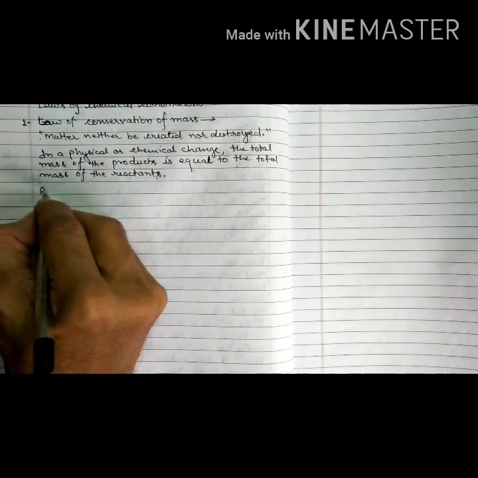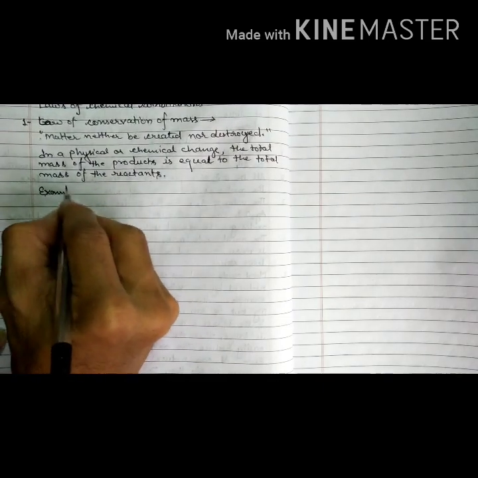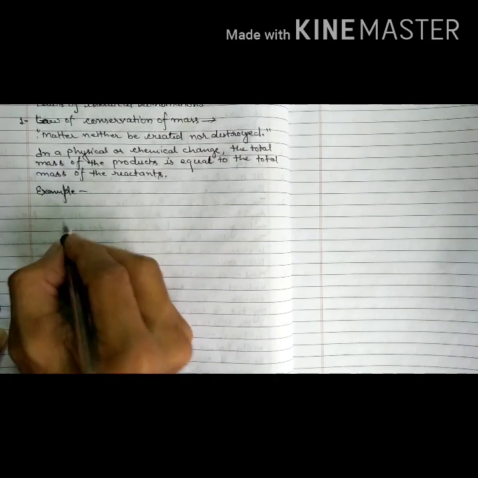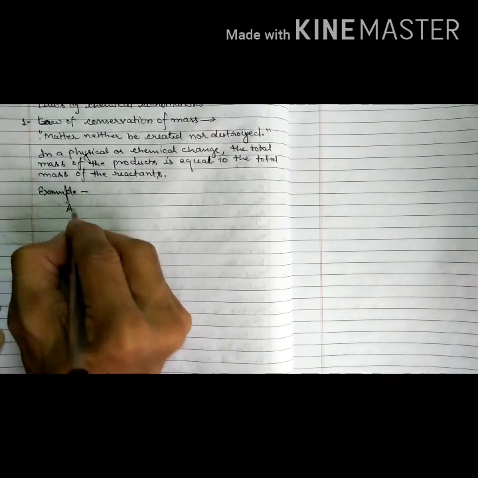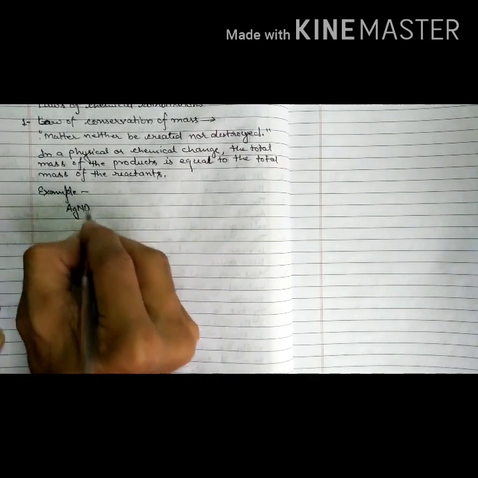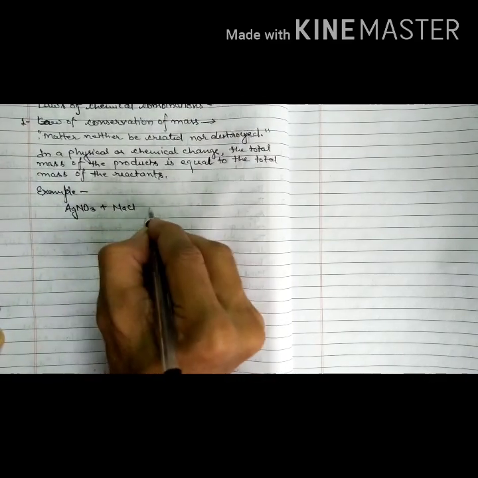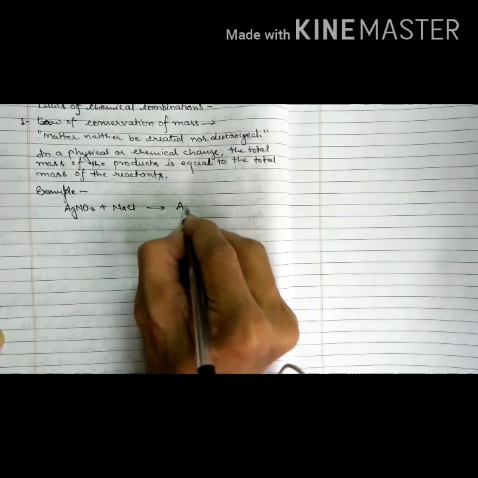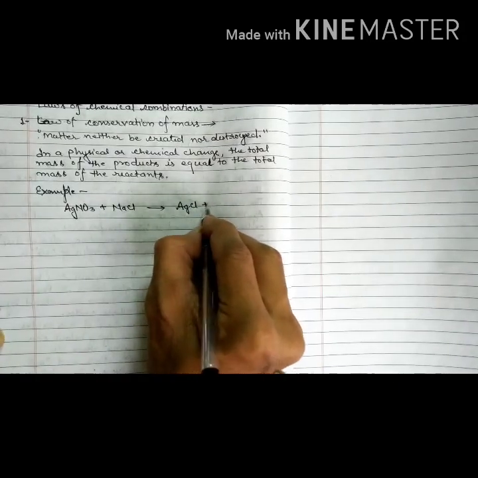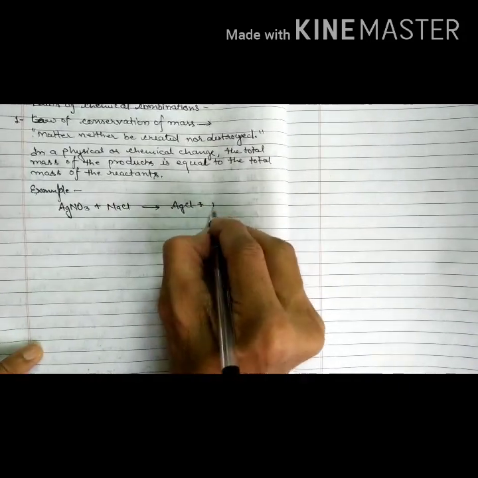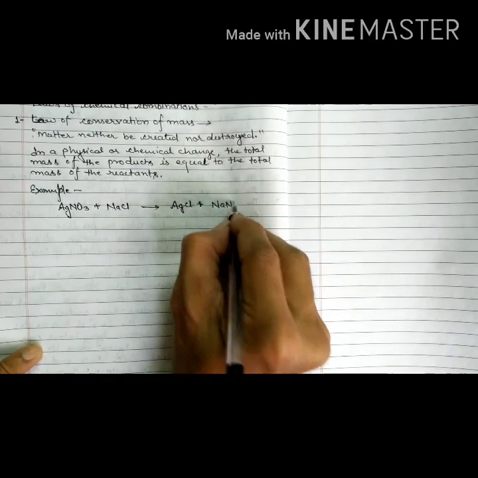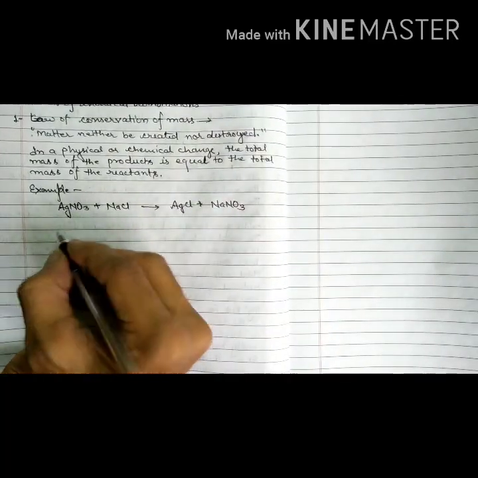For example, let's take a reaction. Silver nitrate reacts with sodium chloride to give AgCl, silver chloride, and NaNO3, sodium nitrate.